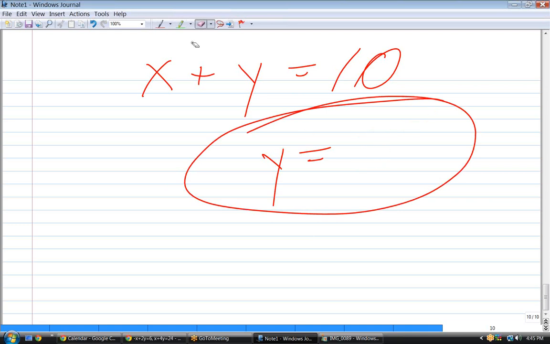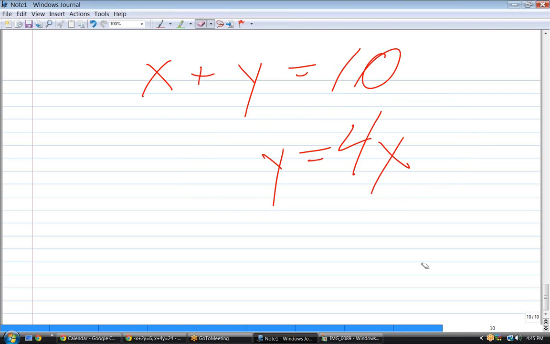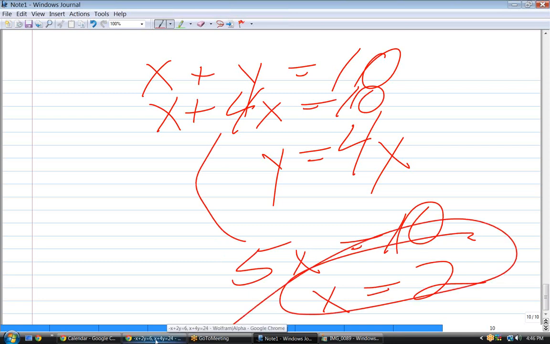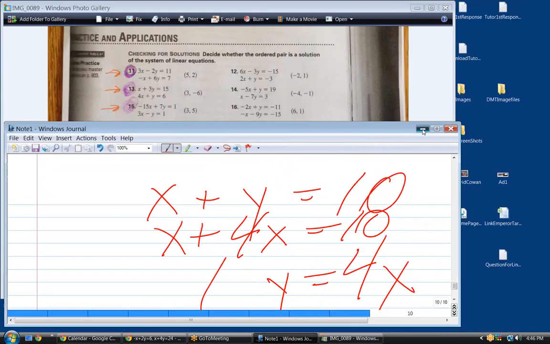Even if this would have said y equals 4x, I have two equations, two unknowns. I don't like solving them by elimination because it's not in standard format, but I can certainly solve them by substitution. In the first one I'm going to say x plus, instead of y, 4x equals 10. That means 5x equals 10, x equals 2. So those are the two primary methods of solving a system of equations.